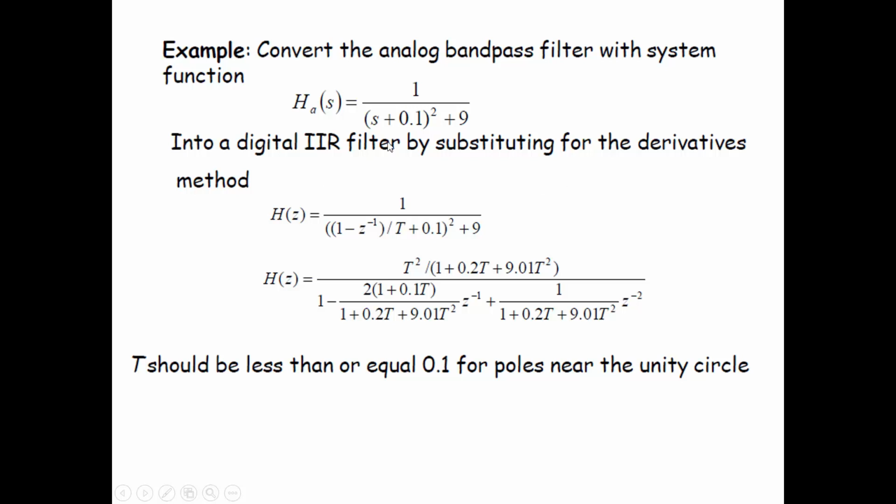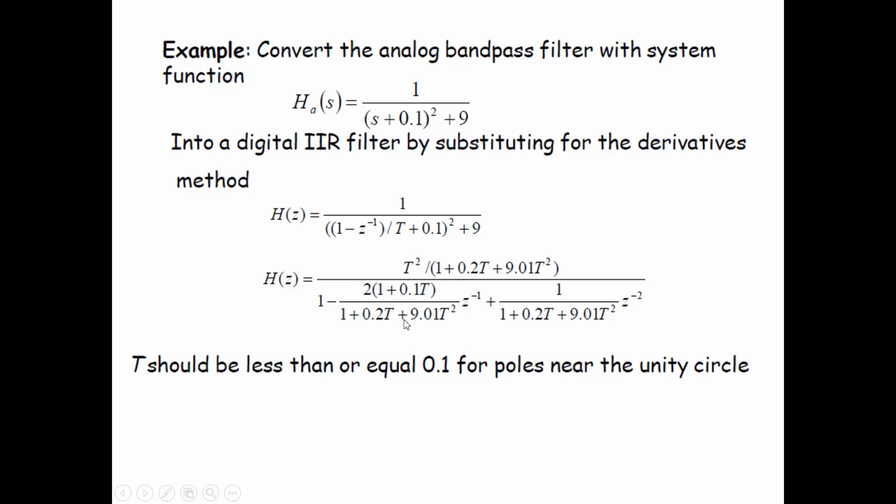We know the transformation to convert an analog filter to a digital filter is that we replace every s with (1 minus z to the power minus 1) divided by capital T, where capital T is the sampling period. So you replace s with this to get 1 over ((1 minus z to the power minus 1) divided by T plus 0.1) whole square plus 9.